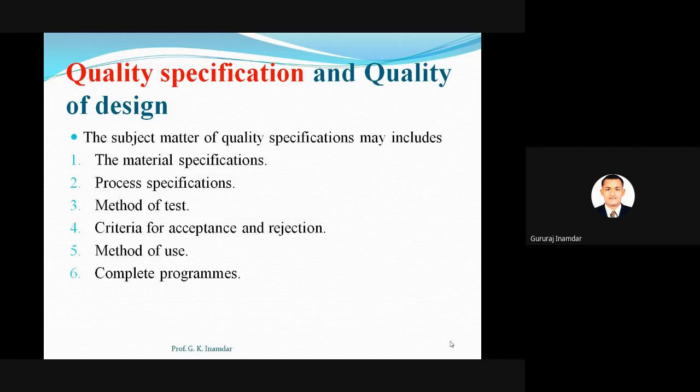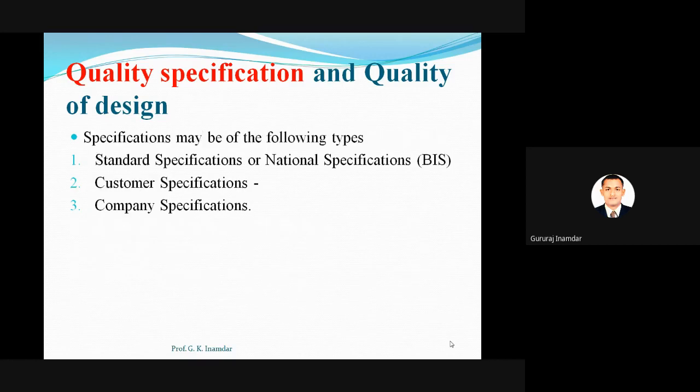Whatever program you have decided, you have to use the entire specification for the industry or the entire product. Then only the quality of your product will be very useful, and it will give profit rather than loss for your industry.